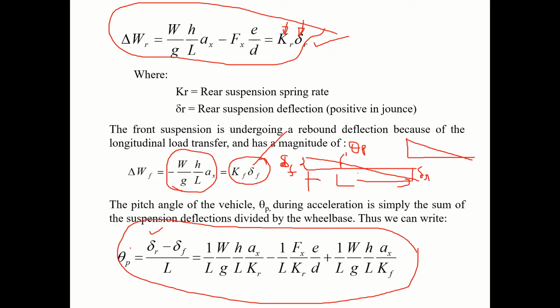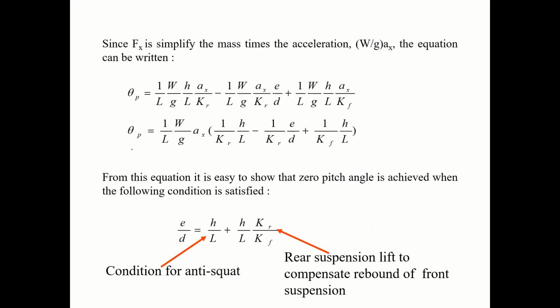Correct? Now I want pitch to be 0. So reorganizing, put theta P equal to 0 in this equation. Then finally, I get the E by D value. So you will get H by L, H by L, KR by KF.